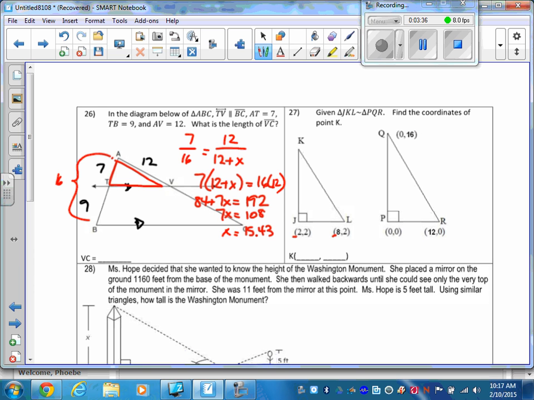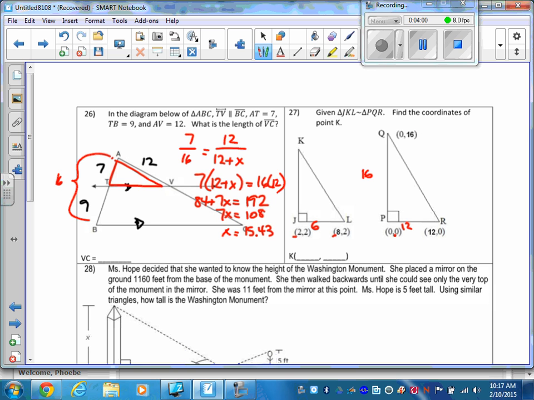So this length is 6, because 8 minus 2 is 6, and they're both on the same y coordinate. Okay? This one has a length of 12, because 12 minus 0 is 12. And this one goes from 0 to 16, so this length is 16.